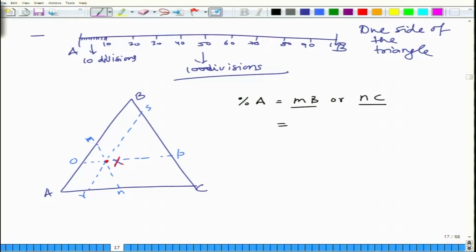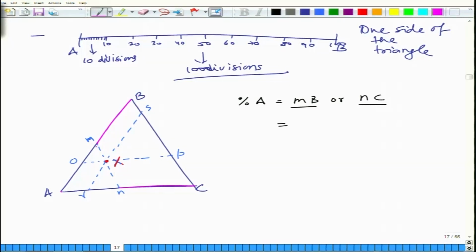This is MB, or you can have NC, and this is the apex A. Basically, you are looking at the intersection of the line NM, which is parallel to BC, on the AB and AC axes, and the intersection points are M and N.